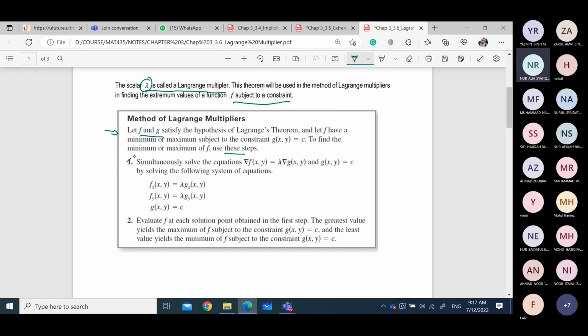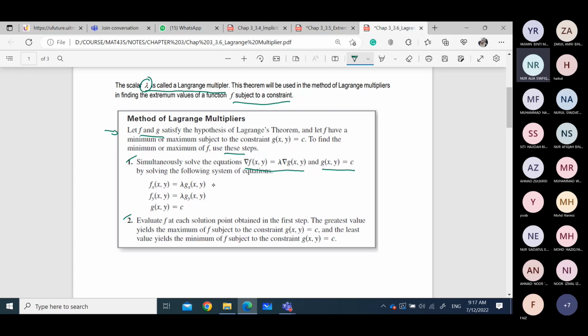So here we have two steps. The first step, we need to solve the simultaneous equations for the gradient of f equal to lambda times the gradient of g, and the constraint here is g. Okay, so in this step, we need to set up these three equations.